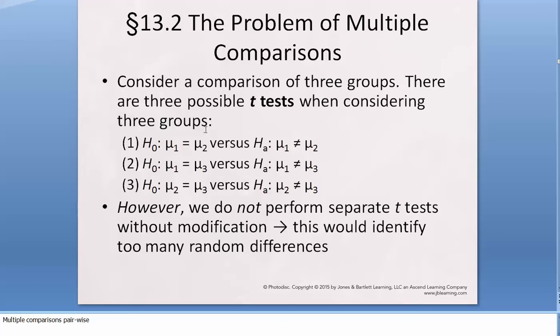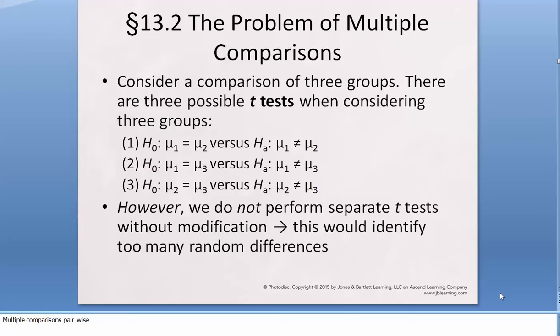Because we have three different groups, you will have to compare the first with the second, the first with the third, and the second with the third, right? You will have a certain number of pairs. In fact, there is a formula that tells us how many pairs there are if you have a certain number of groups. We have done this before.